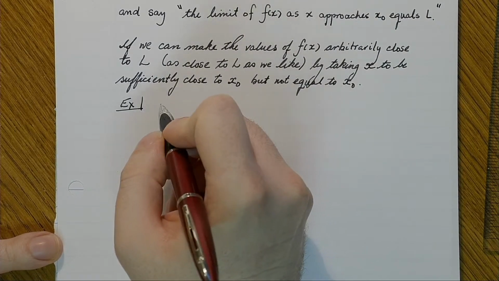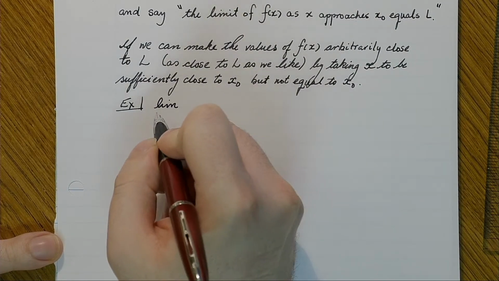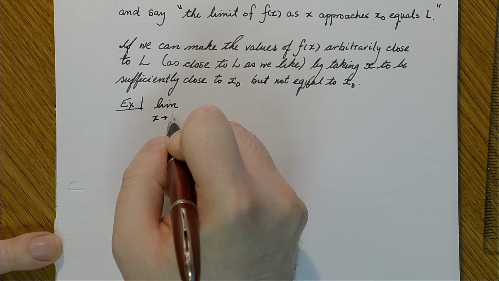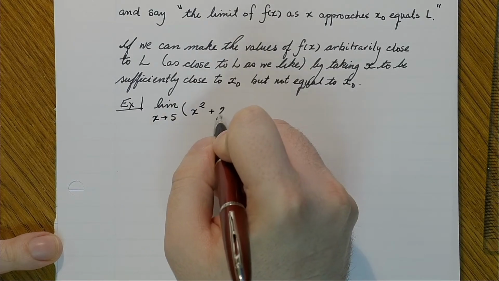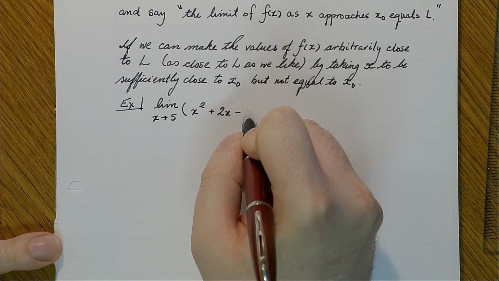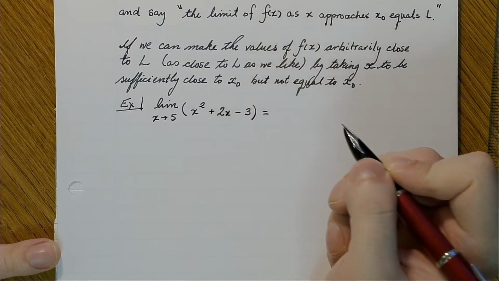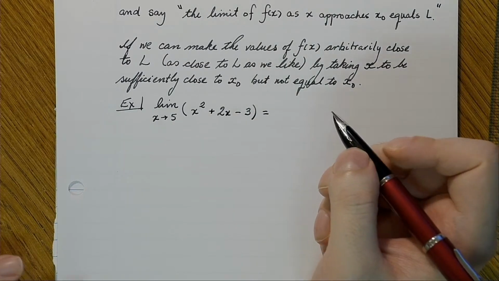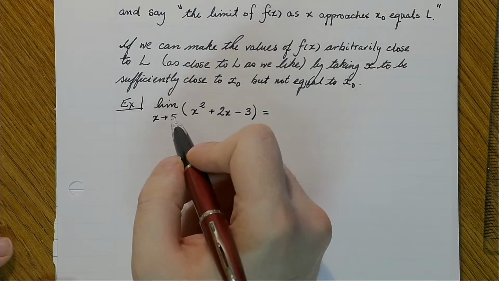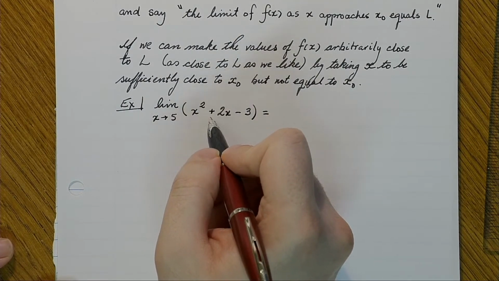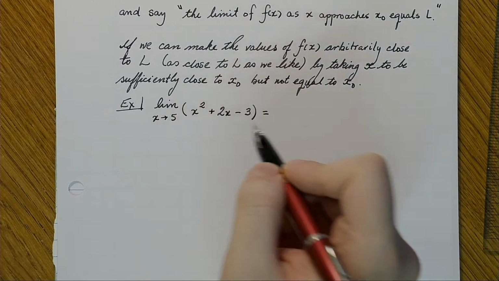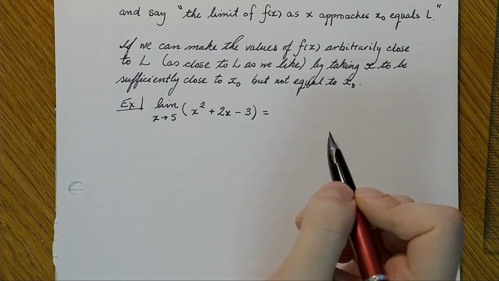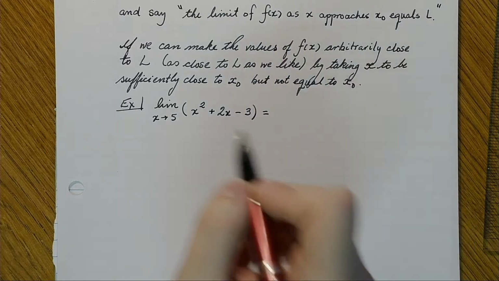So we're always going back to our intuitive understanding of things. Let's intuitively think about this. I have a limit of a function, x squared plus 2x minus 3. In any of these cases, we should expect to be able to get really close to that 5.